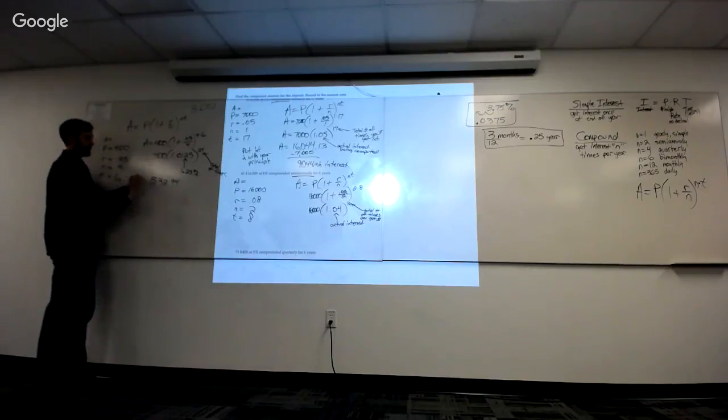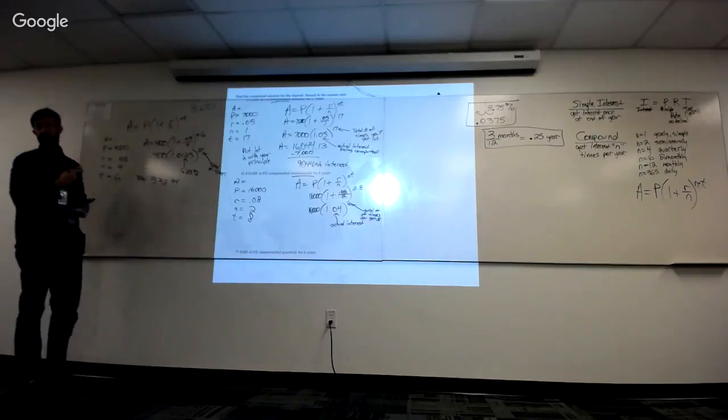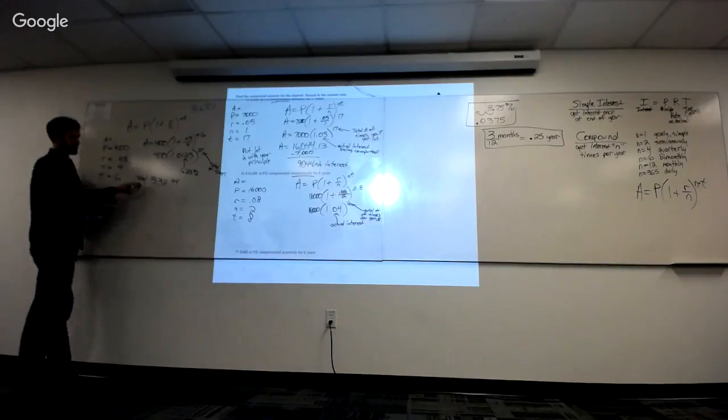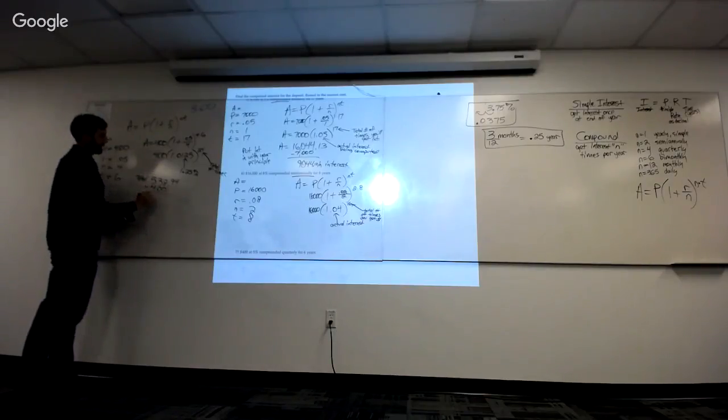How much interest did you earn? David, what would I have to do to find out how much interest I earned? Because some of that's my money. You subtract by what you put. Yeah, you just subtract out the 400, and so I only really earned $138.94. That's how much money I got in interest.